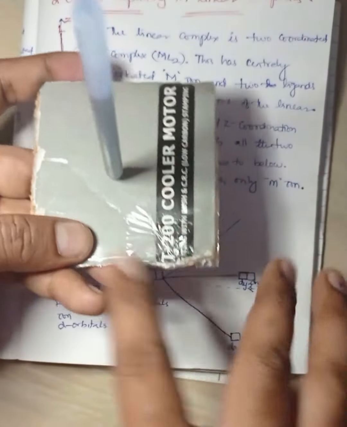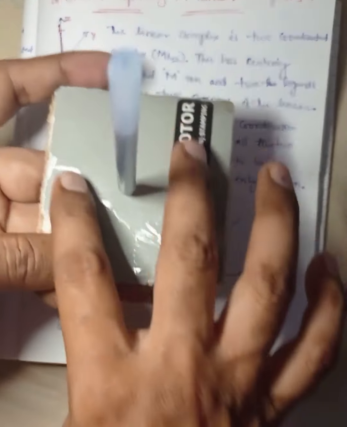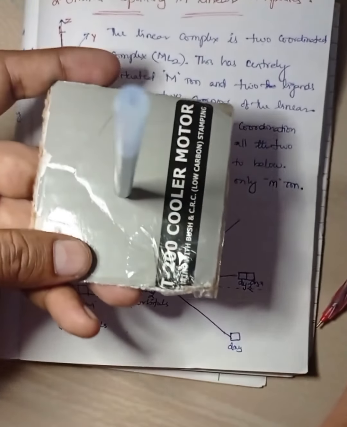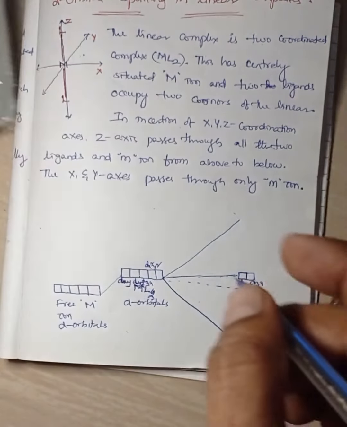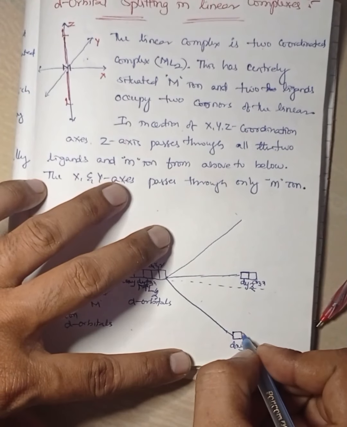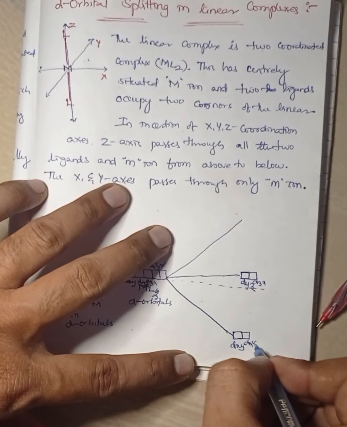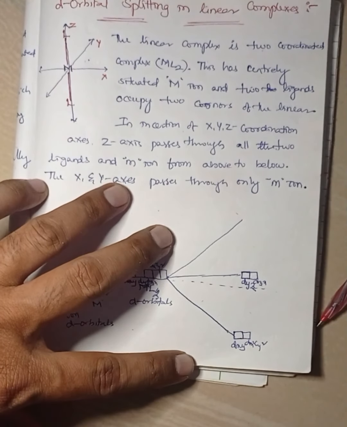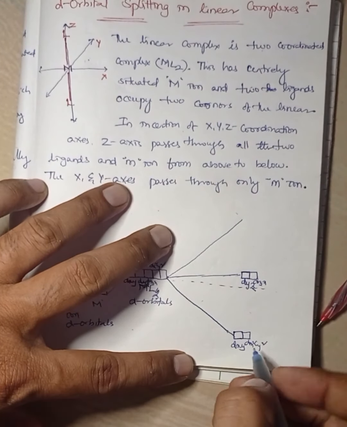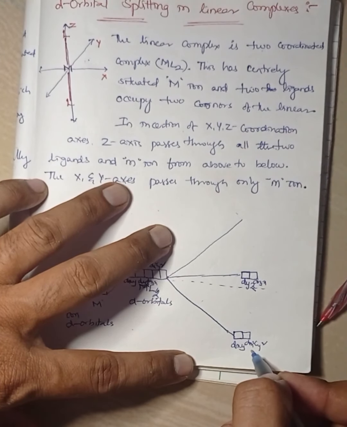So these two cannot interact with any of the four lobes of dx square minus y square, which stabilizes it to the lowest energy level, the same as the dxy orbital lobe, so it reaches the lowest energy level, right?